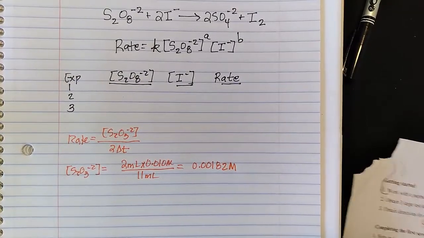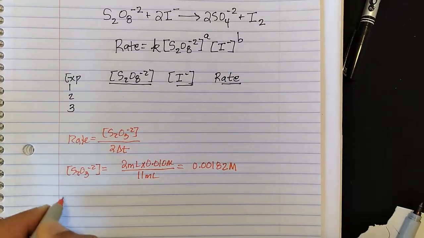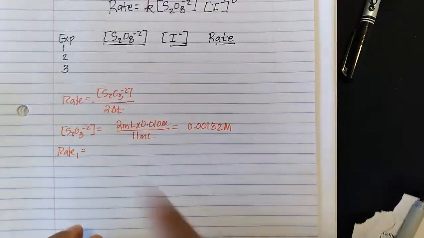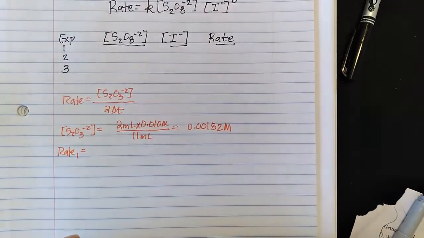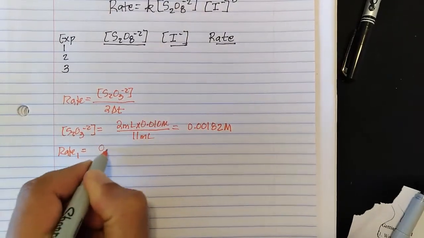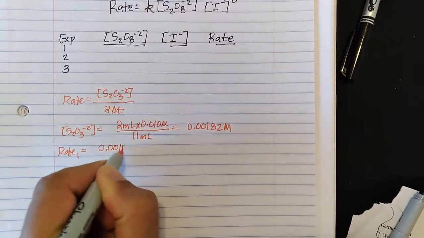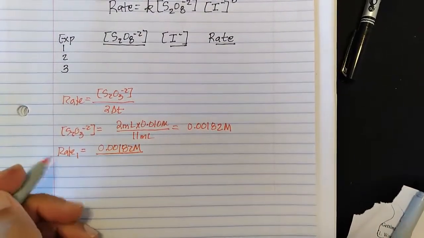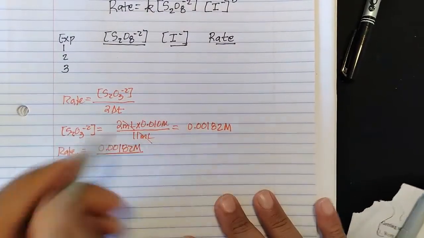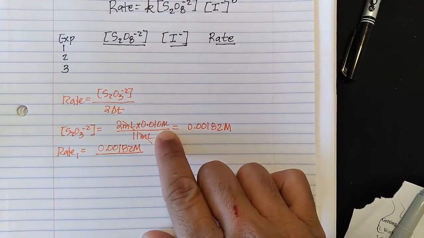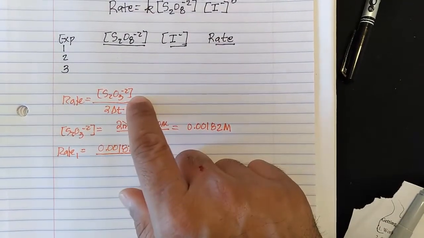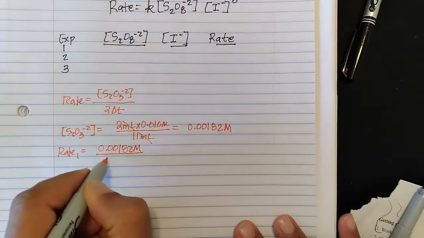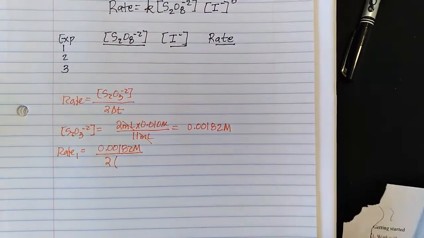So now let's figure out the rate. Let's do rate 1. The concentration of S2O3 2-, the thiosulfate anion, is 0.00182 molar. You've got to remember here the mL and mL cancel, giving you the concentration inside the test tube. So we take the concentration divided by 2 times the time for experiment 1.